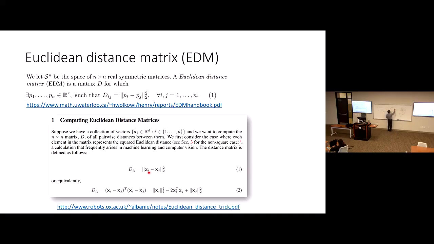Say you have a value 25 here, it means this is between vector 1 and 2, and the squared distance is 25. And 1, 1 distance is 0, so in the middle of the diagonal you have 0. There's no difference between them.